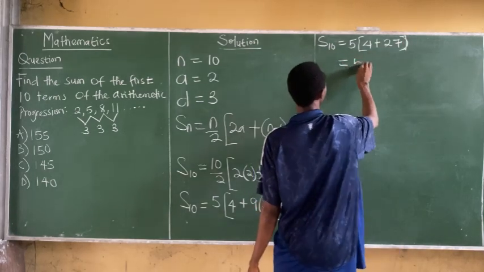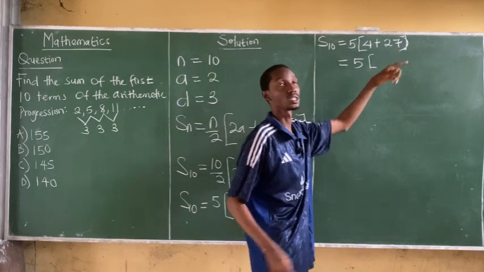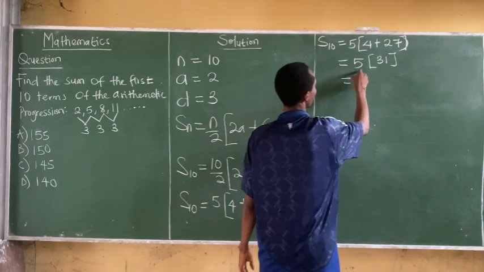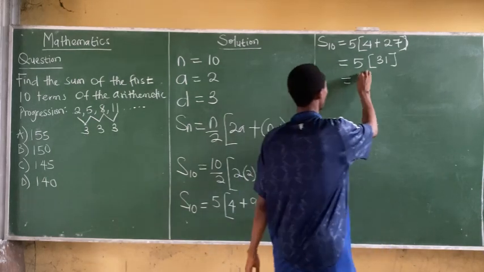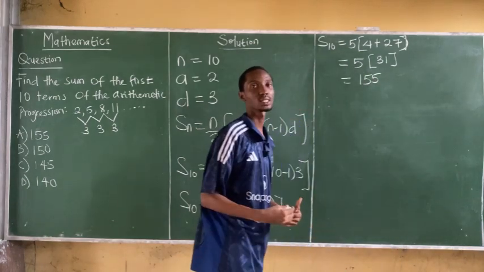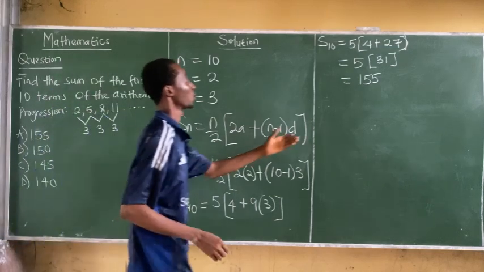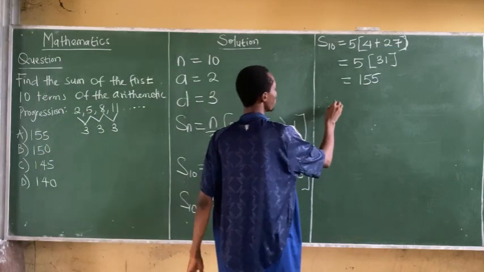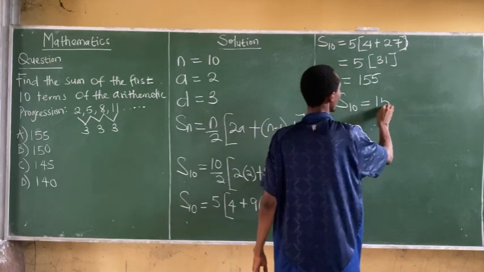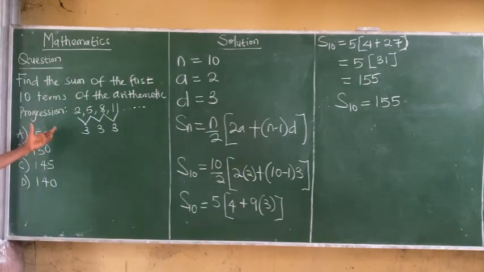We have 5 into 4 plus 27 will give us 31. 5 times 31 will give us 155. Therefore, the sum of the first 10 terms in this arithmetic progression is 155.